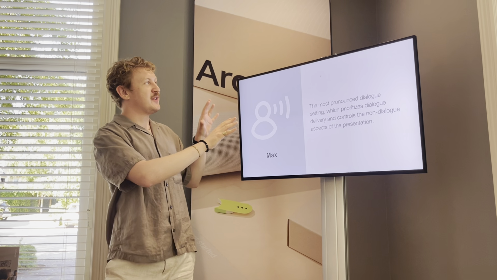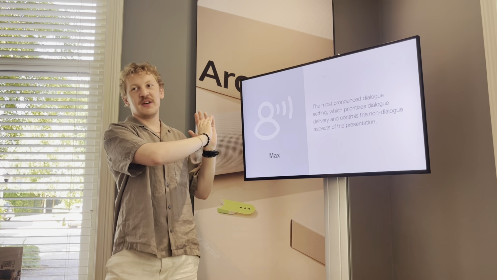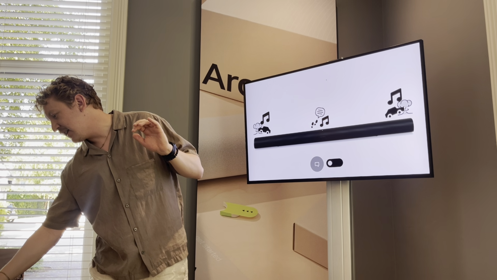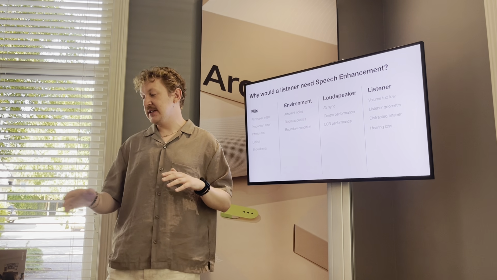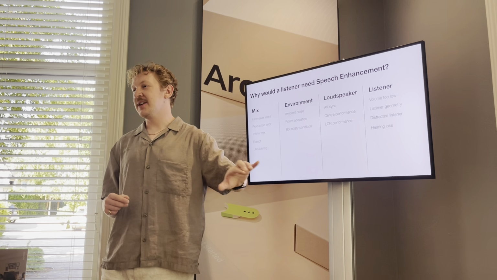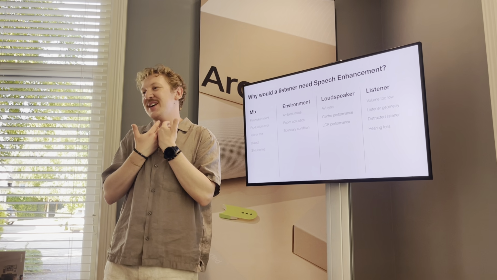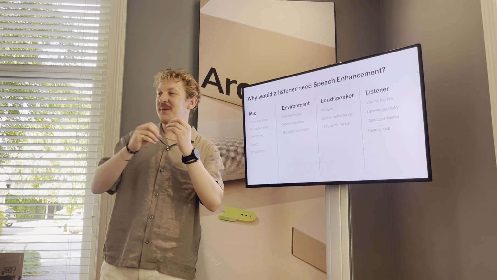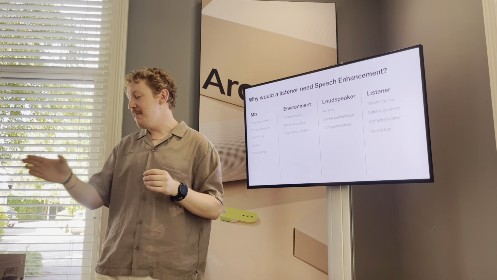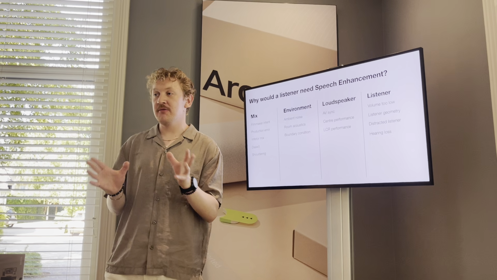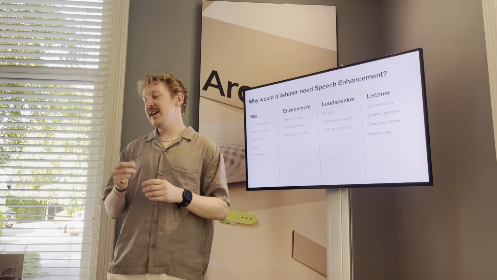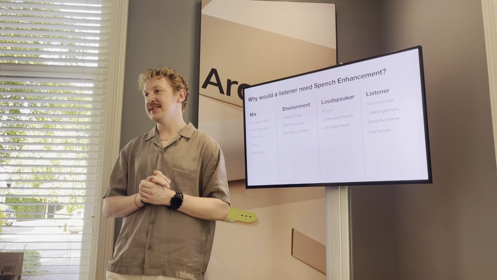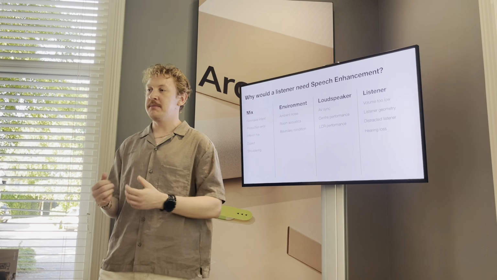We're trying to look at those reasons why someone might need speech enhancement, such as this. We're trying to look at all of these because we don't know why the listener has engaged it. So we're trying to help out. The mix, the environment and the listener, we can really help out with this feature. So it's all of them we're trying to understand, and we're trying to help in most environments.